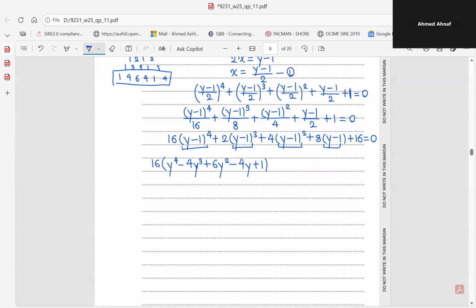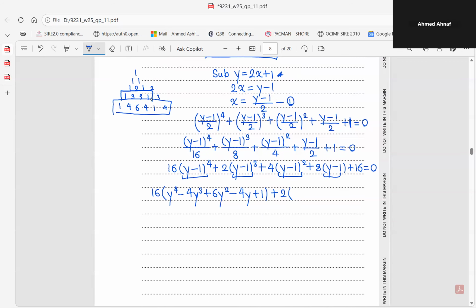And then for the next one, (y minus 1) cubed is just this. You start off with y cubed and 3 times y squared times negative 1, so that's just minus 3y squared. Then plus 3 times y times negative 1 squared, which is plus 3y, and plus negative 1 cubed, which is minus 1.